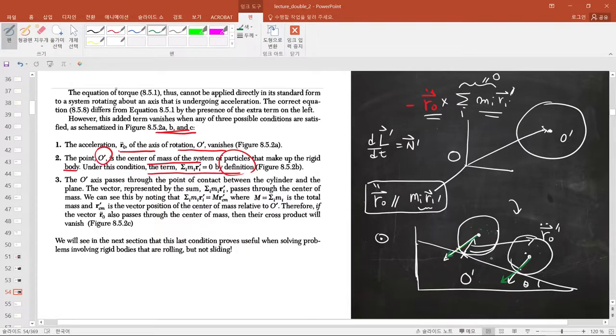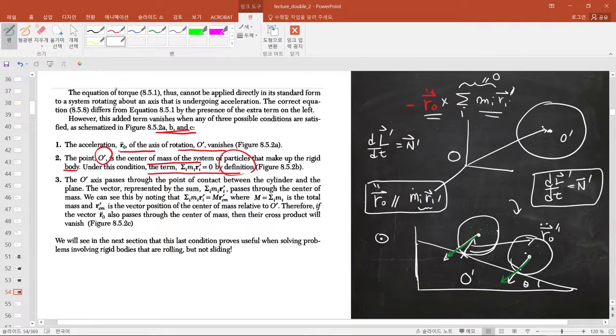So this is laminar motion, but also, if you calculate everything with respect to this point of rotation, then you can still use this equation dL prime over dt is equal to N prime, because in this case the acceleration is centripetal and m_i r_i prime is along the direction of the center of mass.